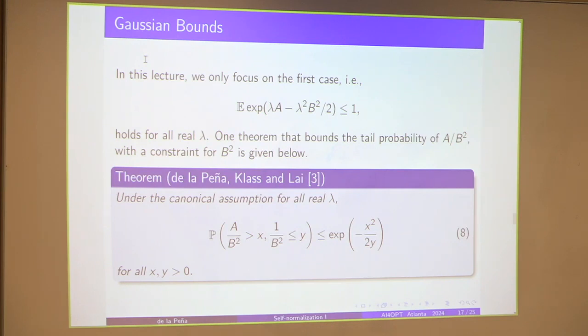Okay. Now I'm going to show how to obtain the self-normalized inequality from the canonical condition. So suppose that the canonical condition holds, then the probability of A over B squared bigger than x and 1 over B squared less than or equal to y is less than e to the minus x squared over 2y.